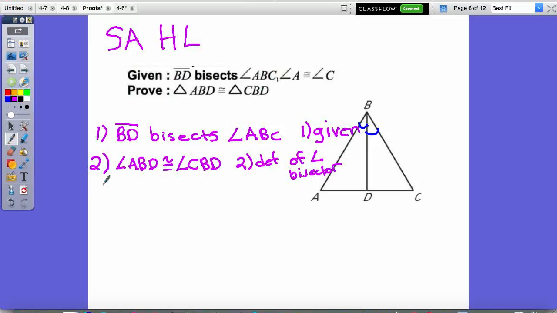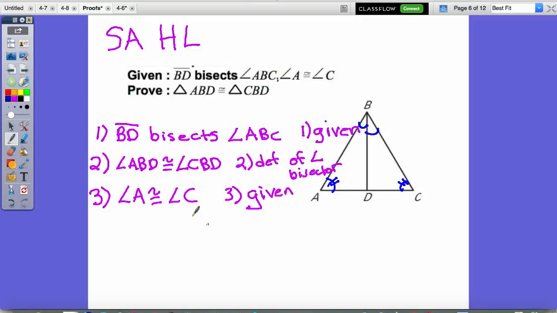Now, next thing I'm going to do is I'm going to go back and look. There is another given, and it's angle A is congruent to angle C. And this is also given. So A, I'm going to use two slashes there.